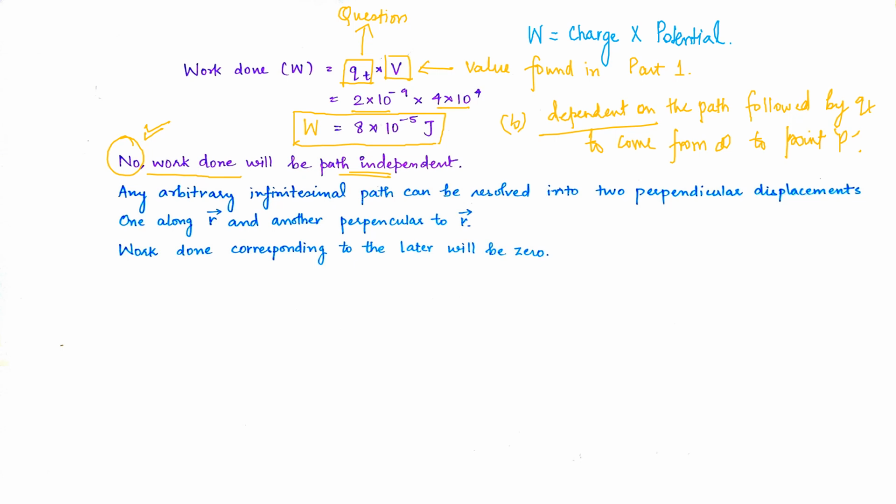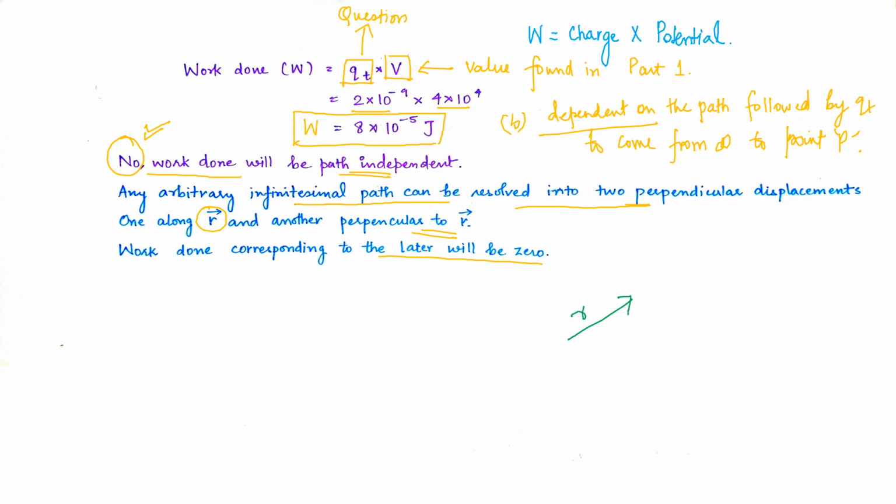Now any arbitrary infinitesimally small path can be resolved into two perpendicular displacements, one along R and another perpendicular to R. Work done corresponding to the latter will be 0. What this means is, in the vector format, this is our path of charge.